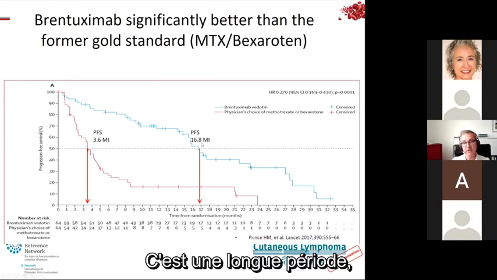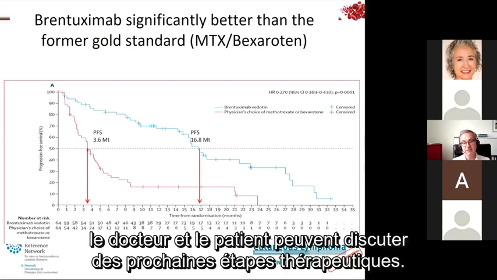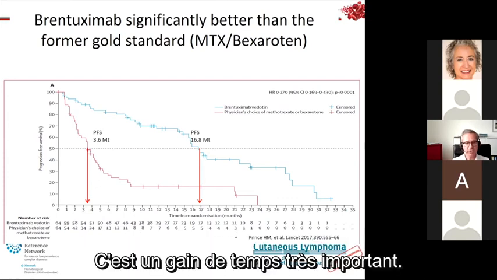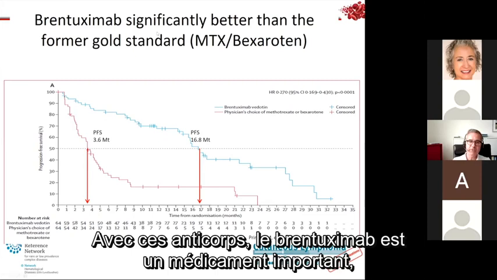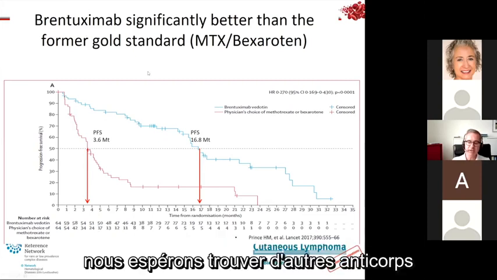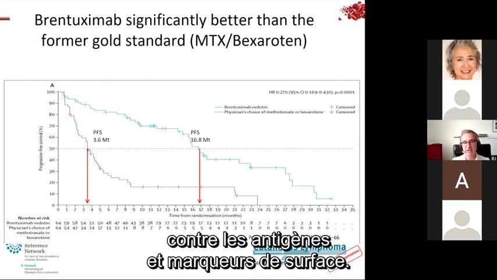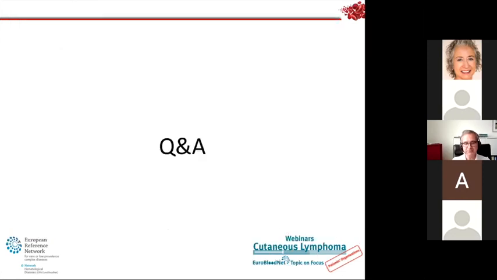That's a long time for some patients, and it gives the doctors and the patients time to discuss further therapeutic steps, whatever they are. We gain time, and this is really important. So brentuximab is a very important drug nowadays, these antibodies, and we hope that we'll find other antibodies directed against other antigens and markers on the cell surface.